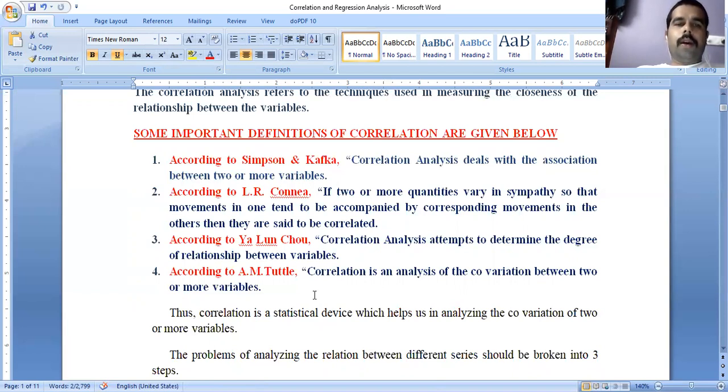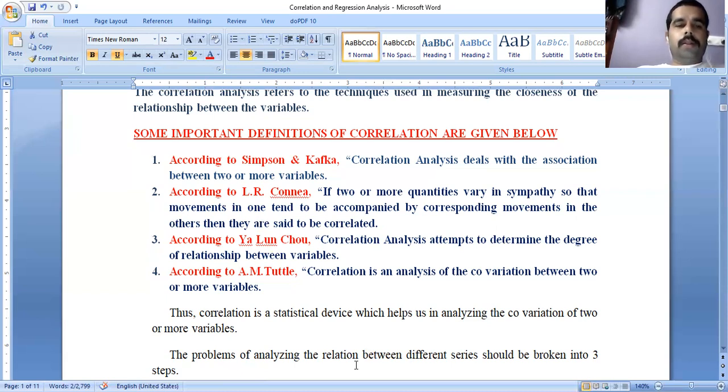According to Ely Chinoy, if two or more quantities vary in sympathy so that movements in one tend to be accompanied by corresponding movements in the others, then they are said to be correlated.